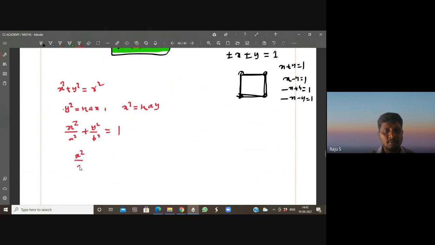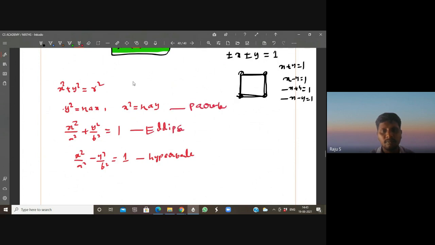X square by a square minus y square by b square is equal to 1 represents a hyperbola. And a straight line is ax plus by plus c is equal to 0. This is called a straight line, right?